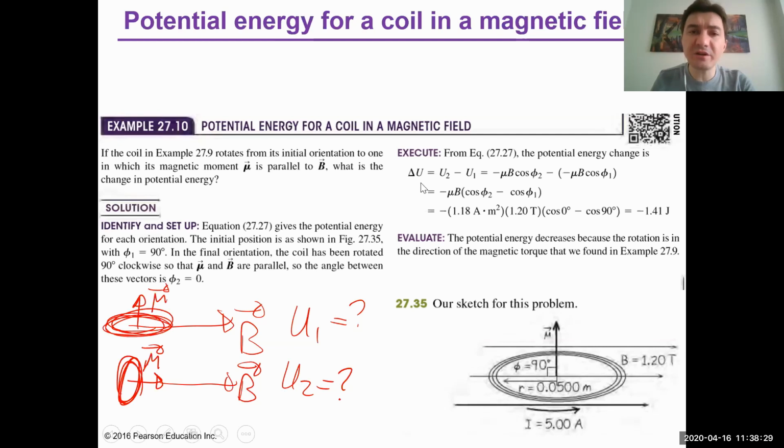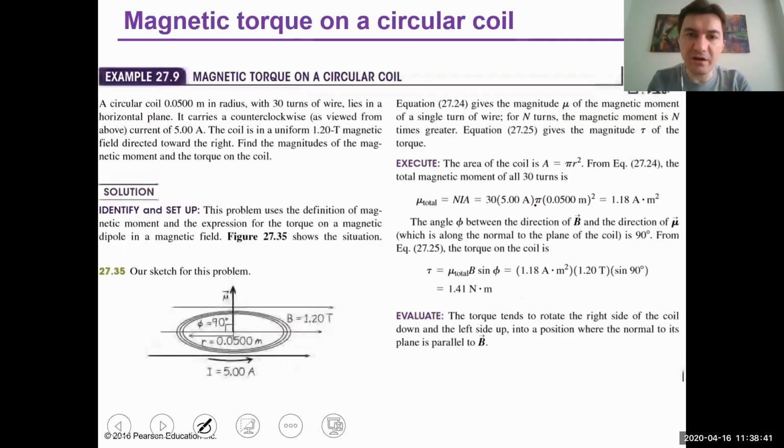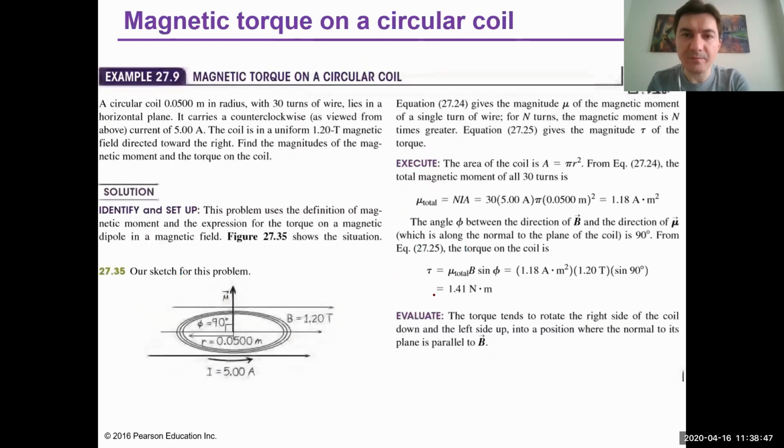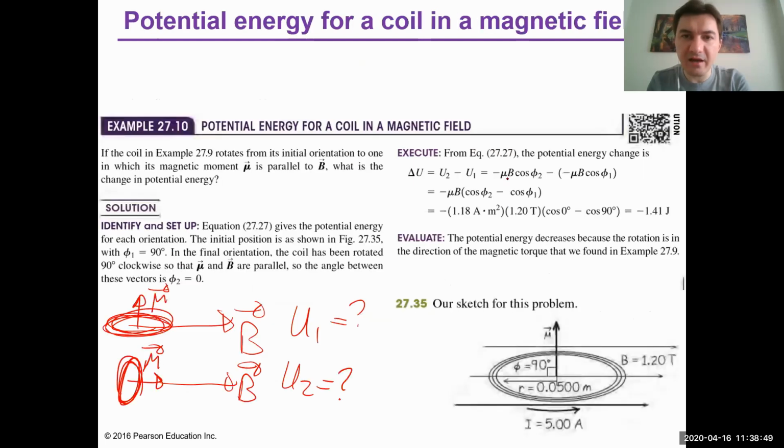The change in potential energy, delta U, is given by U2 minus U1. So potential energy is given by, from that equation, minus mu B cosine phi, scalar product. And here we have minus mu B cosine phi 2.